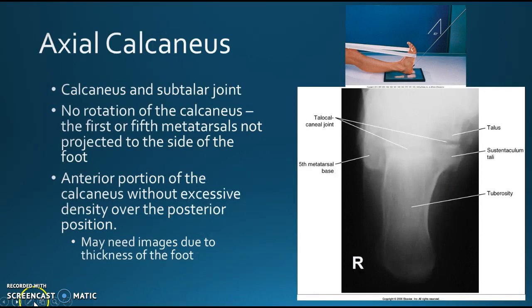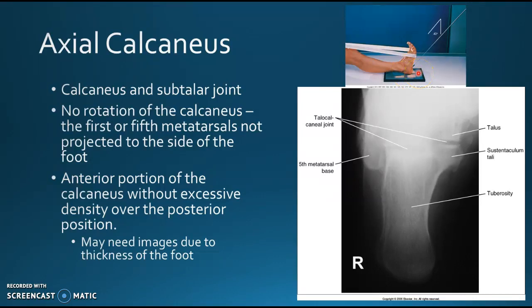For the axial calcaneus, the patient is positioned with their leg fully extended with the foot hyperflexed until the plantar surface of the foot is perpendicular to the image receptor. We will also angle 45 degrees cephalically.